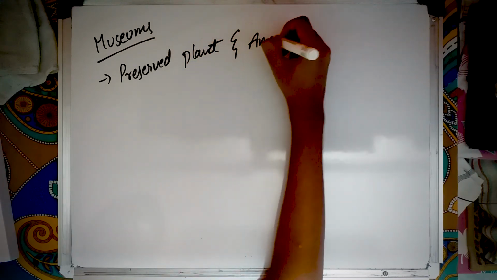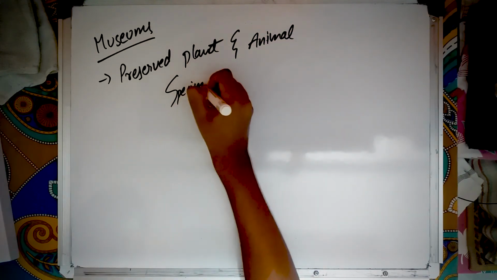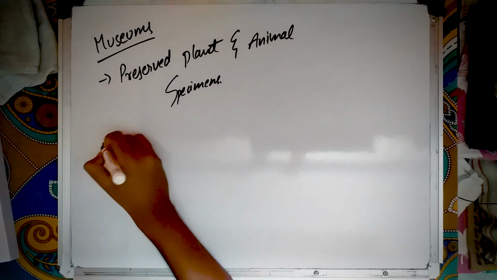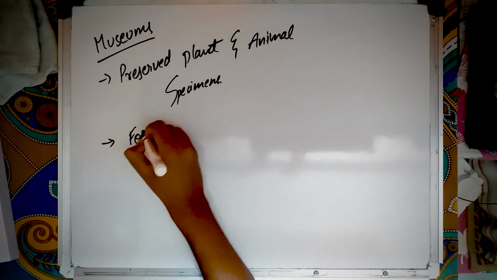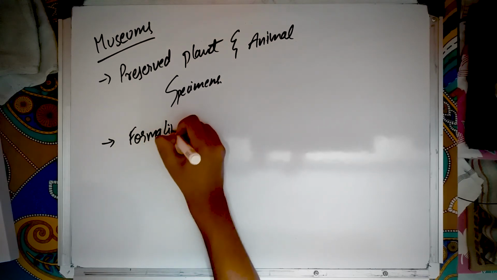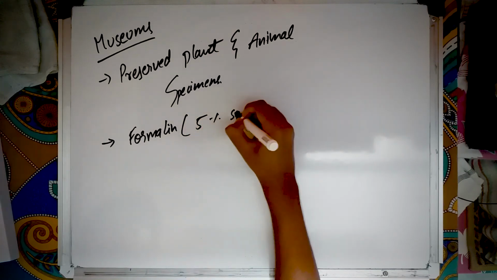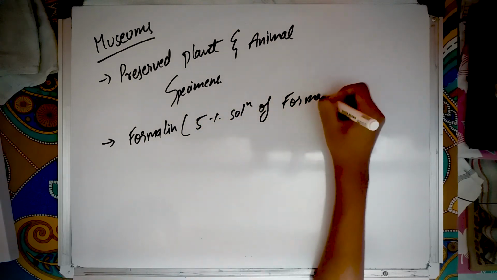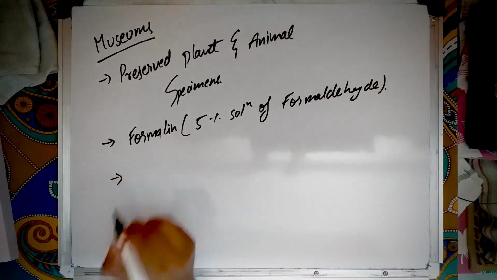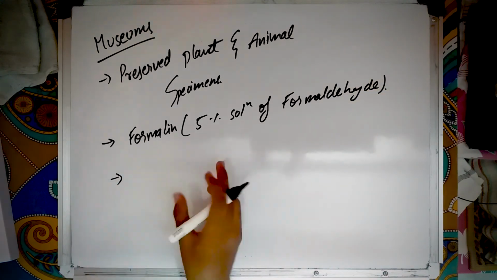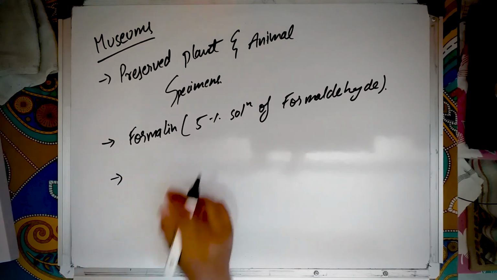They are preserved in preservative solutions such as formalin, that is 5% solution of formaldehyde, and then the larger mammals, birds, are stuffed and preserved, and insects are collected, killed, and are pinned onto boards.